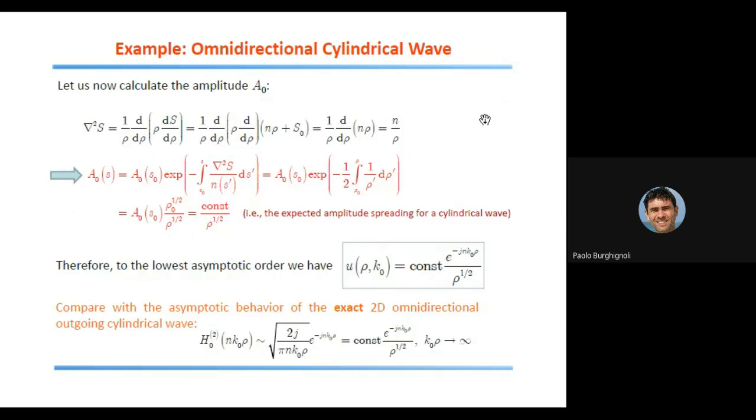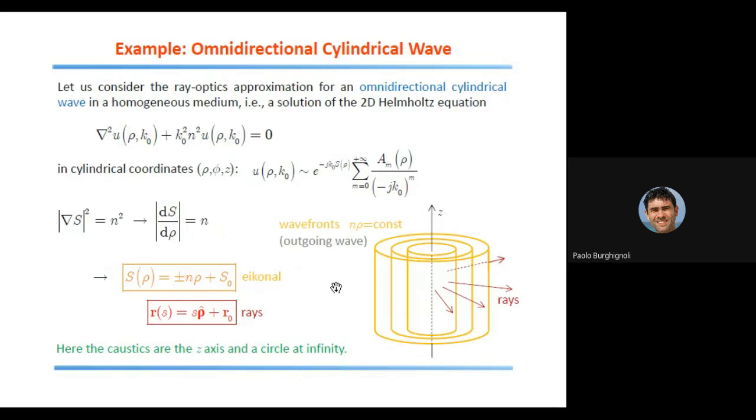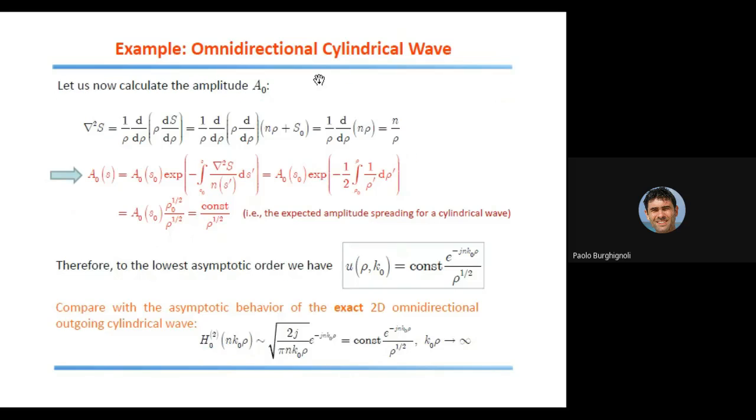Once you have the Iconal, you can go to the transport equation and calculate the amplitude. Now, without going into the derivation, which is very simple, because now we know the Iconal, so we can do all the calculations analytically, it turns out that the amplitude along a ray has a dependence on the radial coordinate rho as the inverse of rho to 1/2, which is exactly what we would expect from a cylindrical wave because of conservation of power.